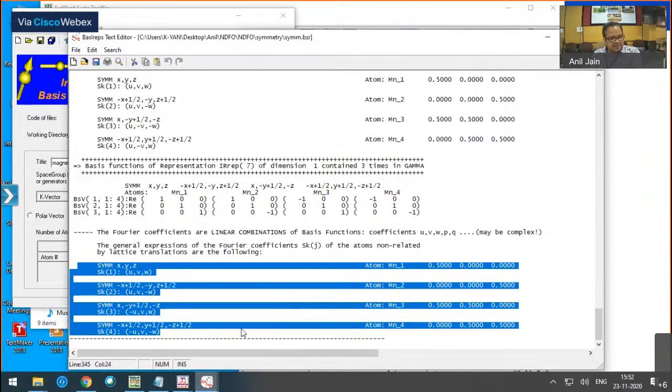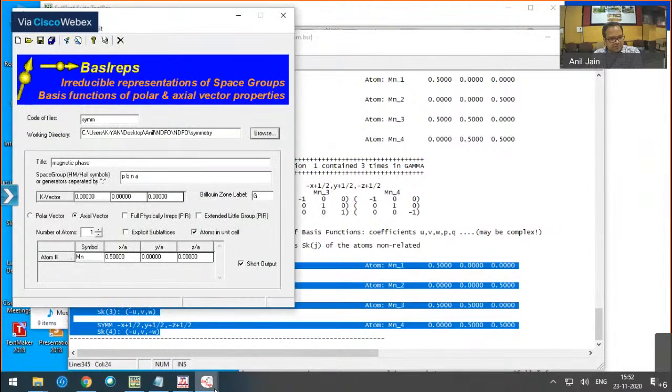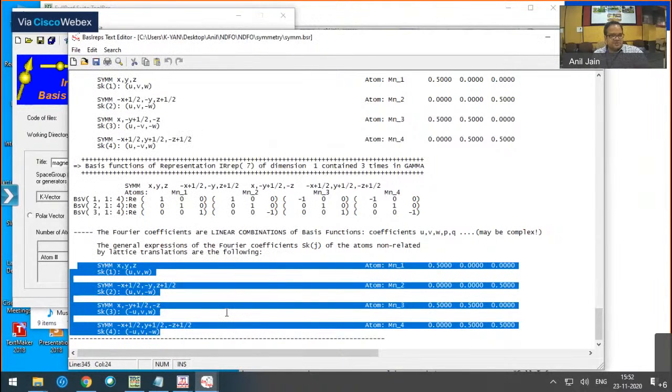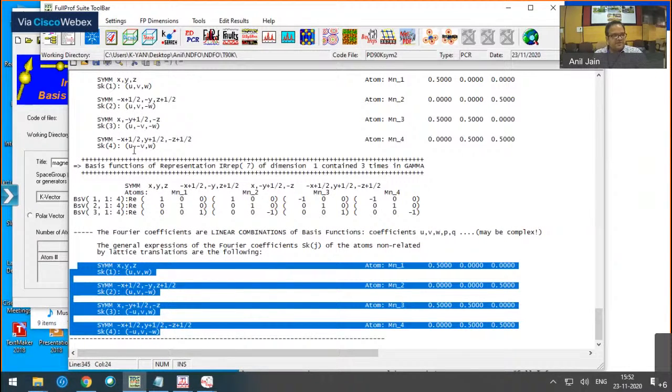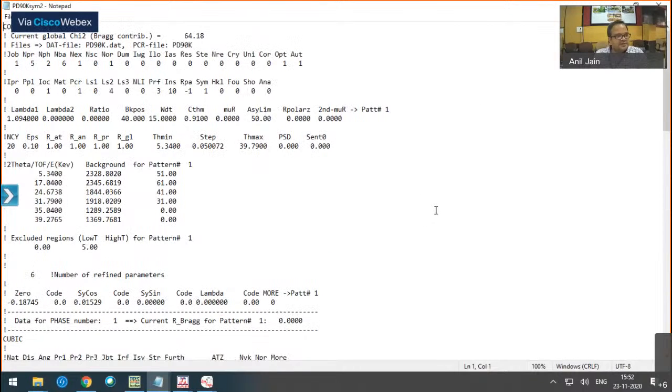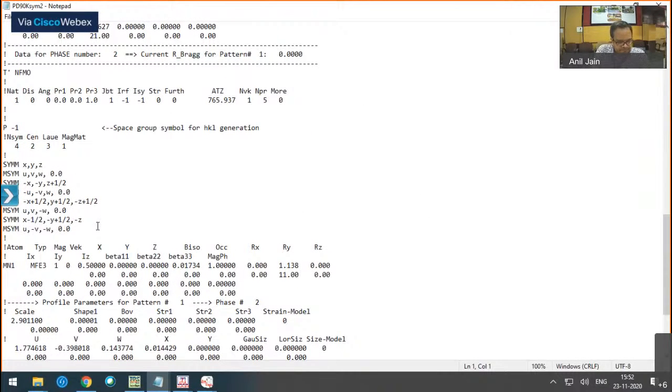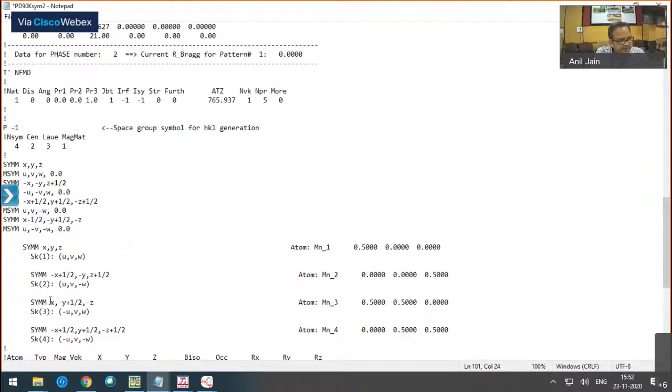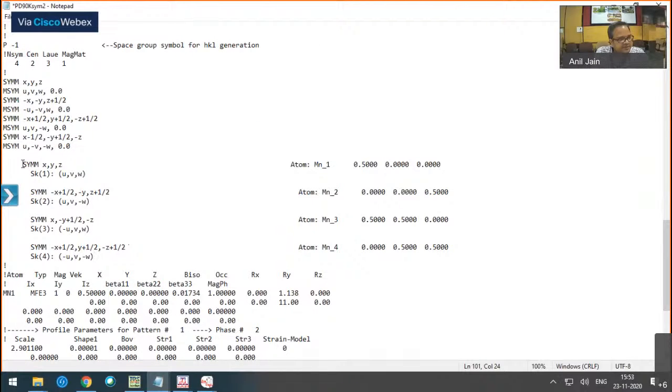Copy, and oh, where is my PCR file? I paste it here, and generally this is UVW, and this I put as a second operation here. I put these corresponding codes UVW here.